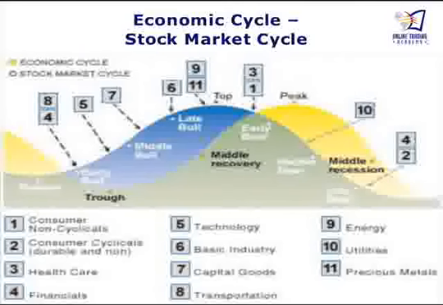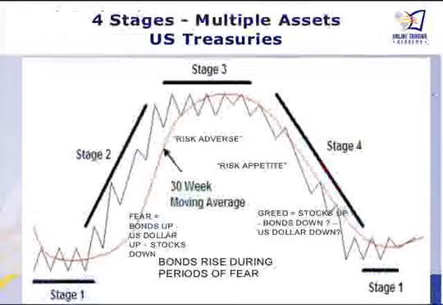Well, before we get to that slide, other assets such as treasuries have pretty much a different type of cycle. They go up usually when fear is high. The dollar usually goes up when fear is high, so they have their up cycle almost the exact opposite of the equity cycle.